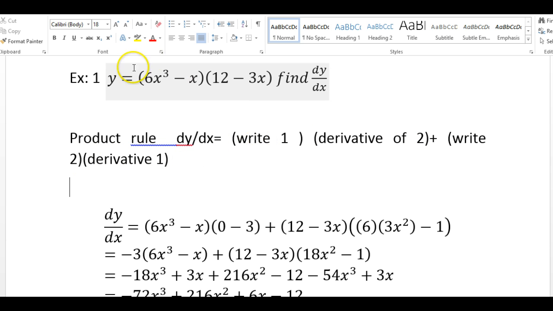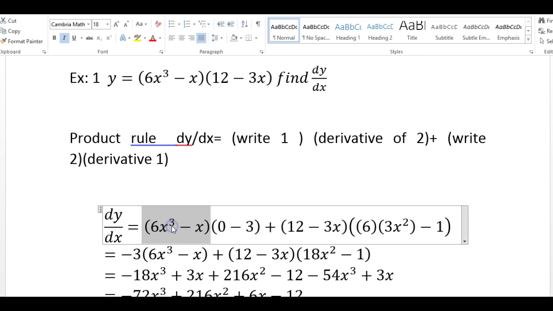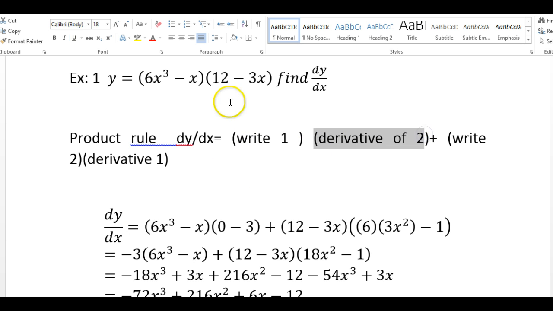Alright, now let's do this example. The first piece is this, the second piece is this. First of all, write the first piece. Everybody okay with that? Now what you do is differentiate the second piece. What's the second piece here?